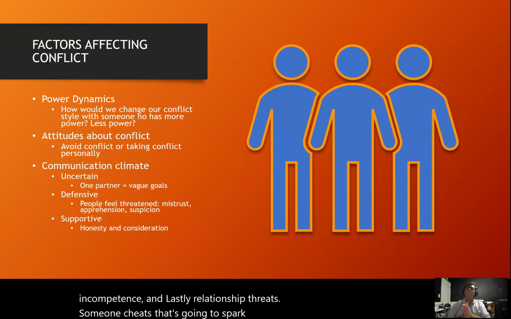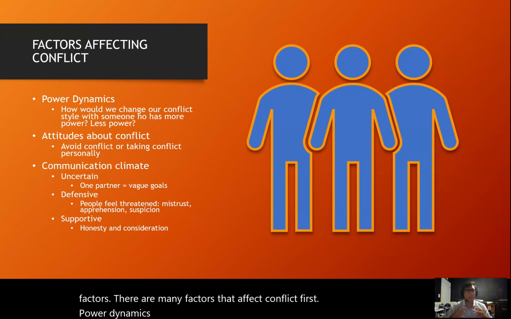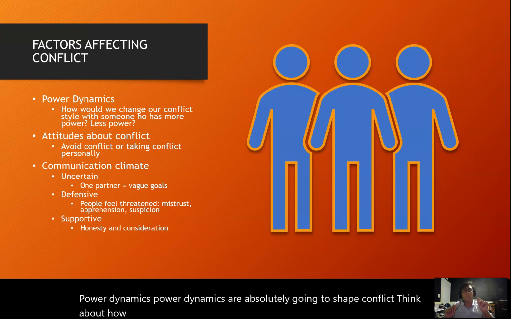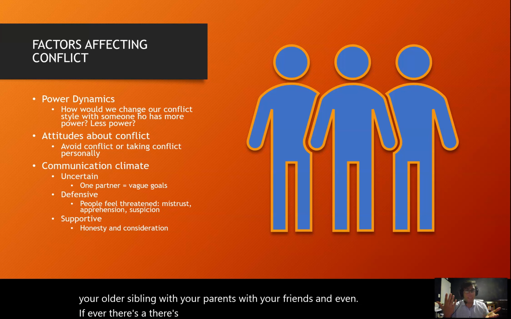And now we talk about many factors. There are many factors that affect conflict. First, power dynamics. Power dynamics are absolutely going to shape conflict. Think about how you engage in conflict with your younger sibling, with your older sibling, with your parents, with your friends, and even if ever there's a chance with me.